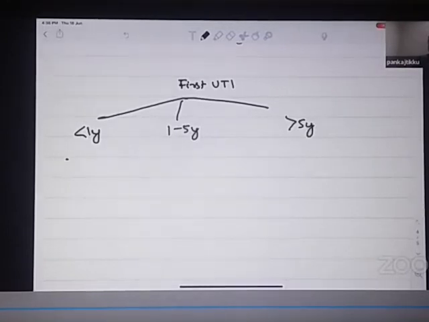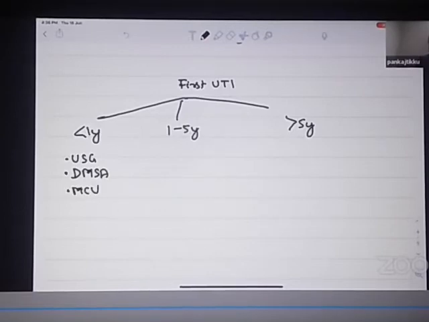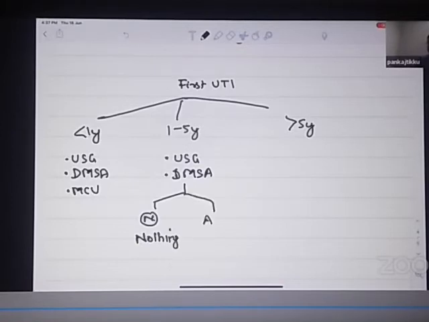Less than 1 year, perform all the three tests: ultrasound, DMSA, and MCU. 1 to 5 years, perform an ultrasound and perform a DMSA. If the results are normal, nothing else needs to be done. But if the results are abnormal, in that case, you perform an MCU.